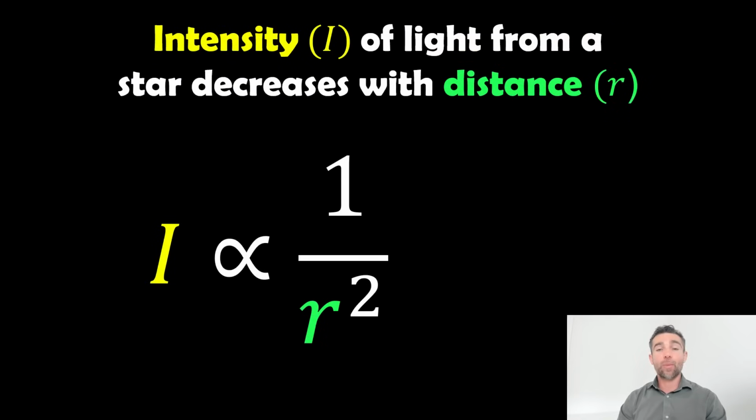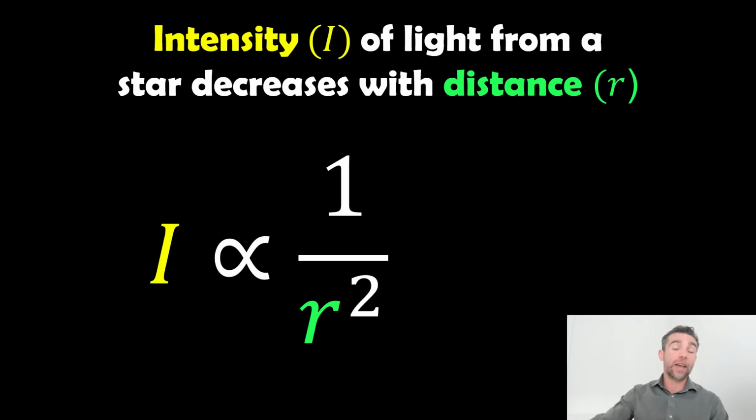And if we know how bright the star is from a set distance, we can then work out a distance to it if we know how much it's actually dimmed down. So the intensity of light from the star is going to decrease with distance, and it decreases as 1 over r squared. So we can work out quite straightforward really how far away that star is, because we know how bright it should be from this distance, but it's actually this bright.